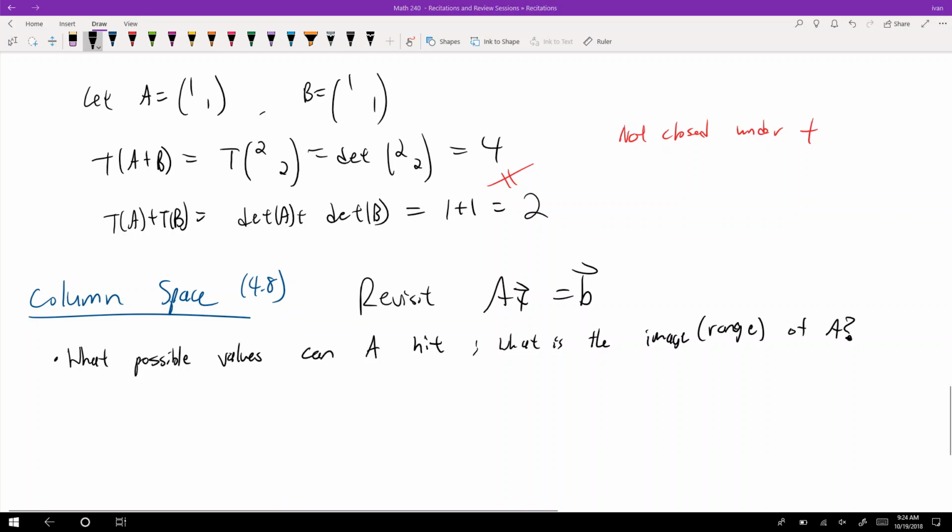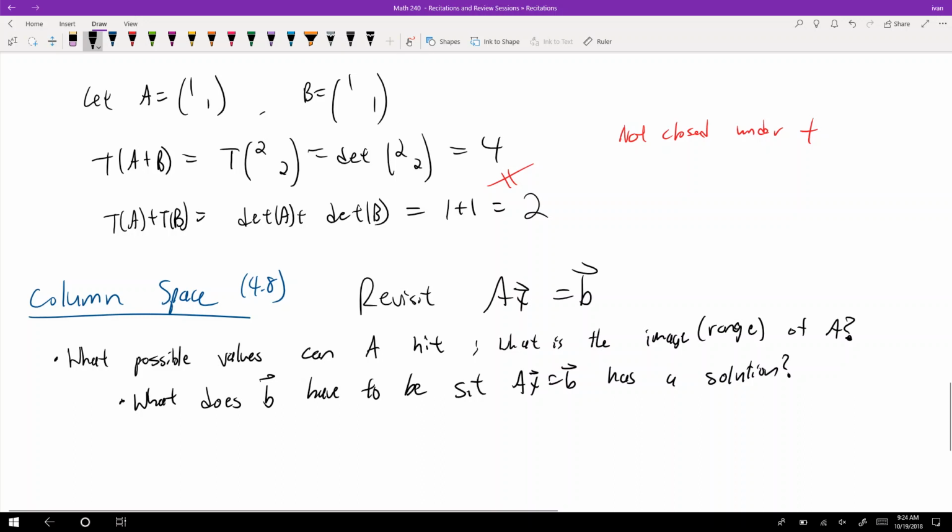Another way we can phrase this problem is, what does B have to be such that AX equals B has a solution? So these are all equivalent questions. What values of B can A hit?